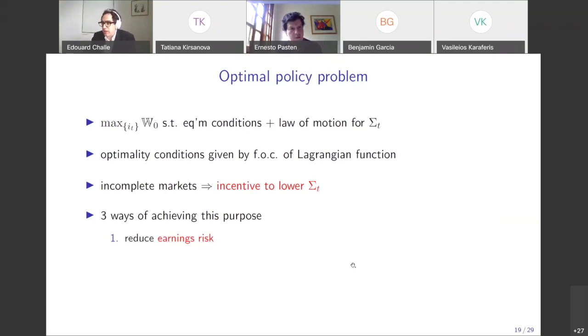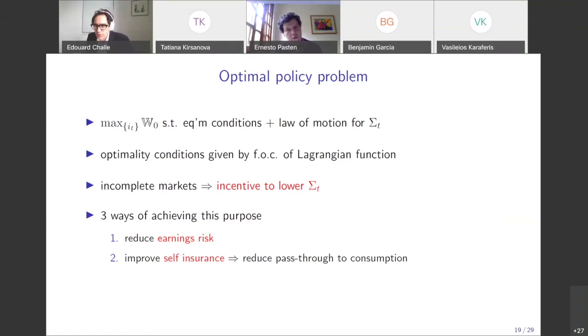Typically, if risk is countercyclical, as it is in reality, you really want to be more accommodative, all else equal, especially following a bad aggregate shock, because you want the extra gain from reducing idiosyncratic risk. But the other thing that you can do, that you will do whether or not you like it, is to affect the mu t, the pass-through from earnings risk to consumption risk.